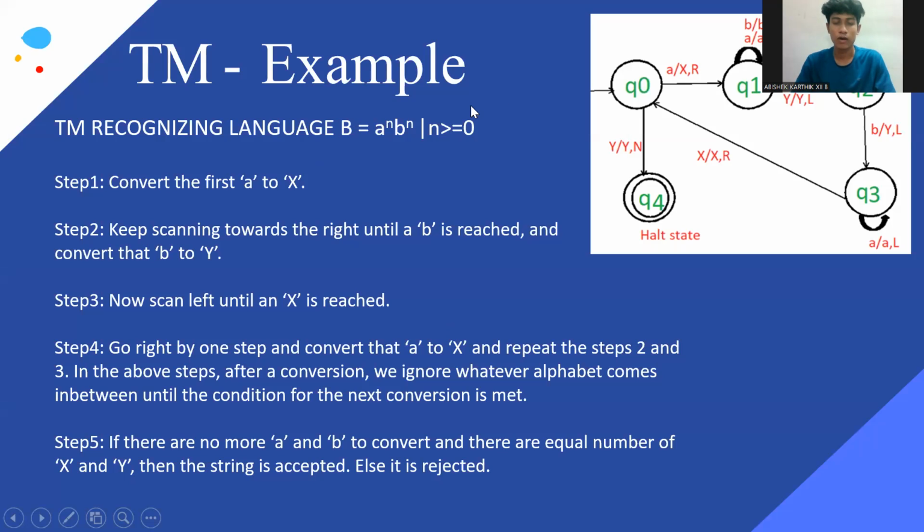Let us see an example of a Turing machine. We have a Turing machine recognizing the language L equals a power n, b power n.